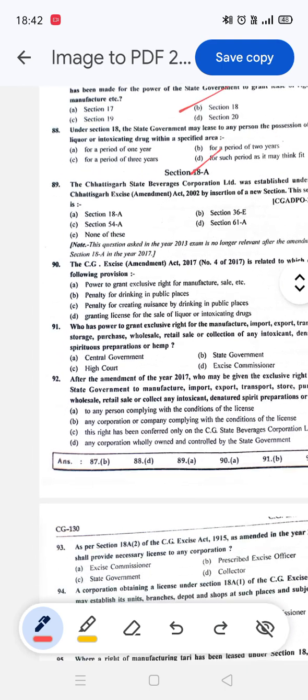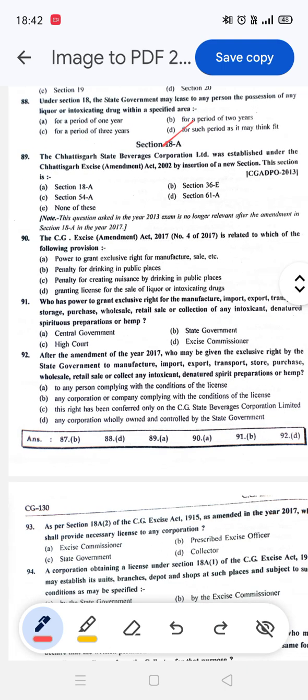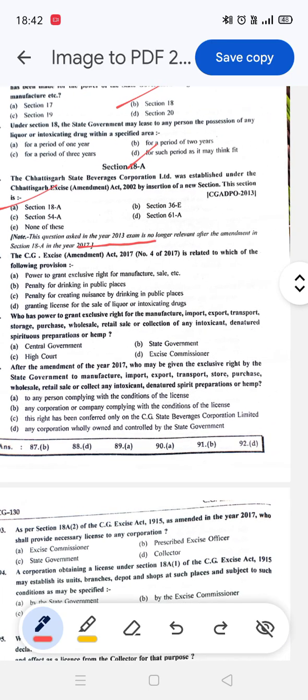Question number 89. The Chhattisgarh State Beverages Corporation Limited was established under the Chhattisgarh Excise Amendment Act 2002 by insertion of a new section. The section is section 18A. Here a note is given. This section was passed in the year 2013.